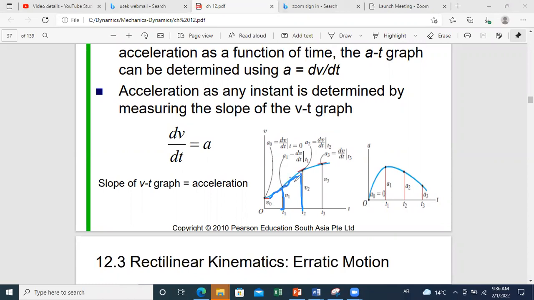So I take any 2 points of this line and I measure with a ruler what delta v is here. This is delta v. This is delta t. So if I take the ratio of delta v over delta t, I get the slope of this line, which will represent the acceleration at point t1. And I can do the same procedure for several points and then draw the graph of acceleration.